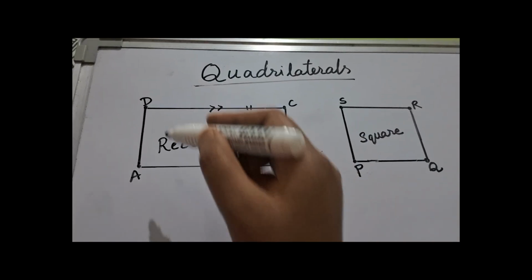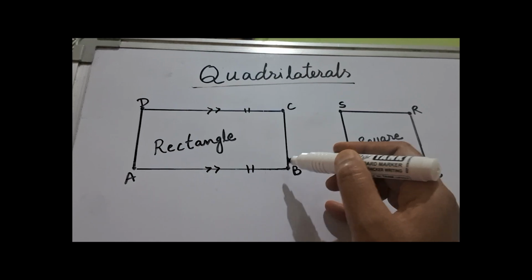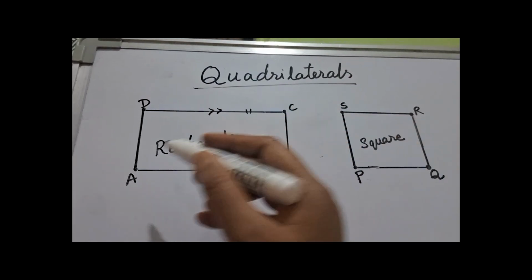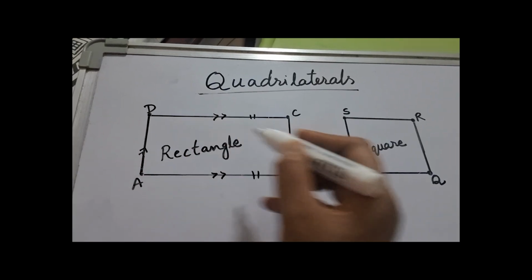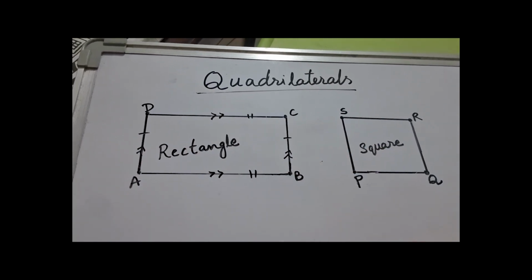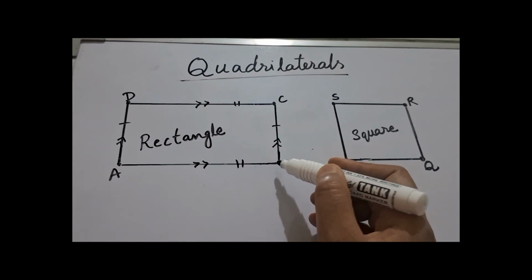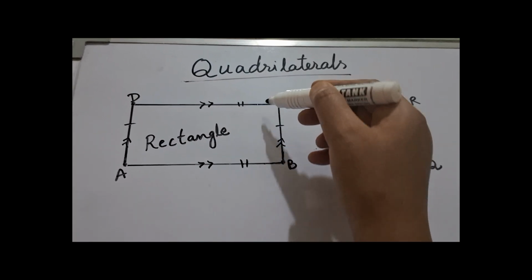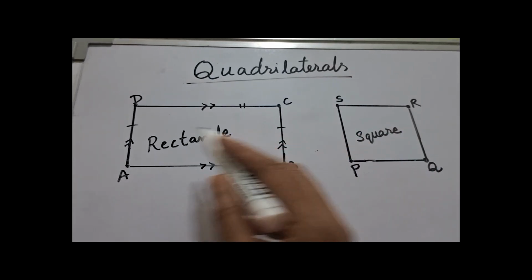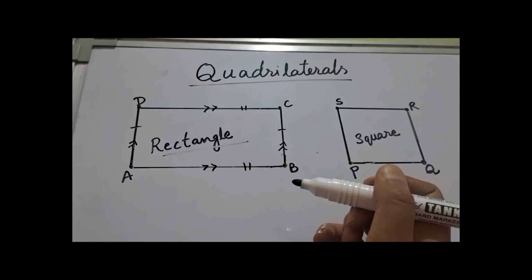Now another pair of opposite sides of this quadrilateral, DA and CB, are also parallel to each other and also equal in their lengths. Okay. A quadrilateral in which opposite sides are equal and parallel, then that is called as rectangle.